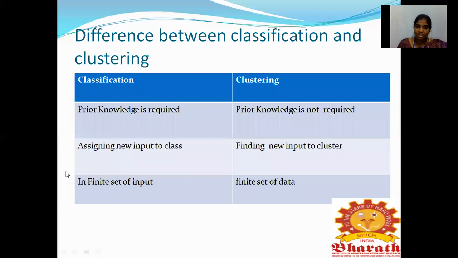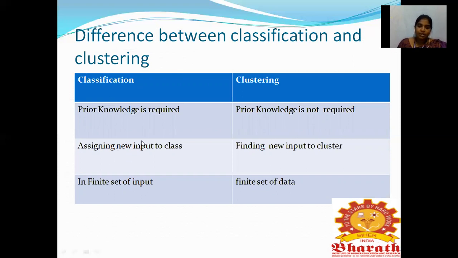That clear knowledge should be known for classification. For clustering, clear knowledge is not required because it is based on features. Suppose anatomy is studying a cell, and the cell features are similar to the animal tiger, we are just grouping it into the cluster called tiger cluster. We use only the current situation, so clear knowledge is not required.